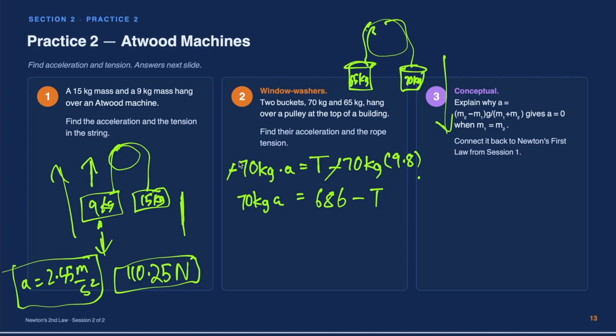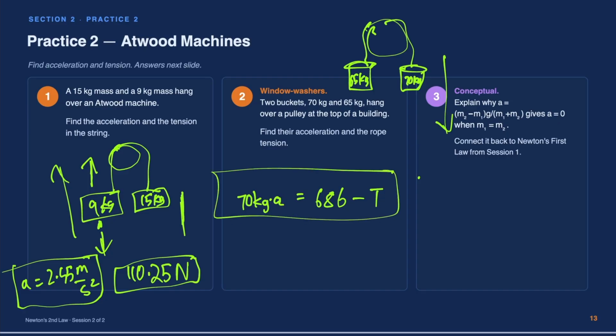Okay, so this is one of my big equations. What is my other equation? The 65 one. So 65 kg times A is equal to, the tension is the same thing, positive, right? And this time the acceleration is also in the positive direction, so I'm going to keep it that way. Minus mg, or 65 times 9.8, which is 637.